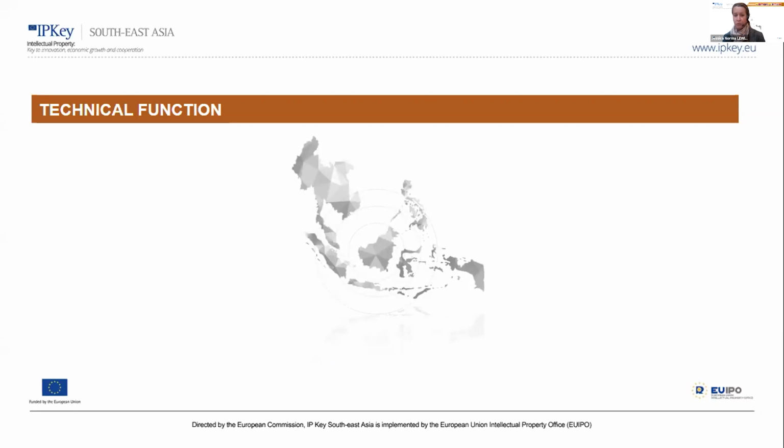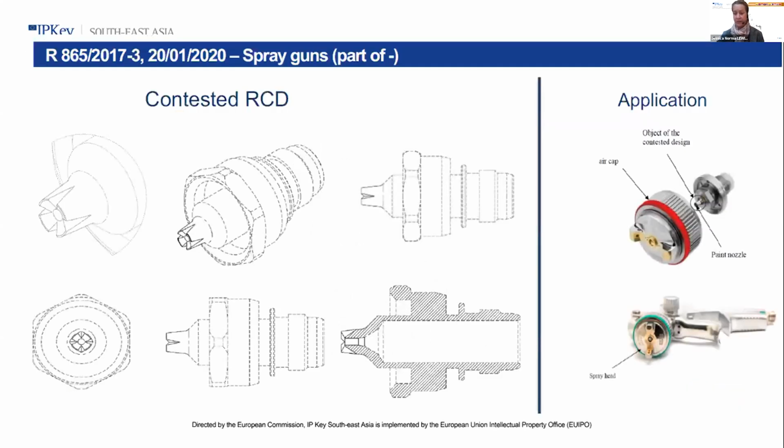Because if a design is exclusively composed of features that have a technical function, it should not remain in the register. Once again, as I mentioned before, this is something that we examine only at the invalidity stage of the design. So in the next slide, you can see that we have a spray gun part.